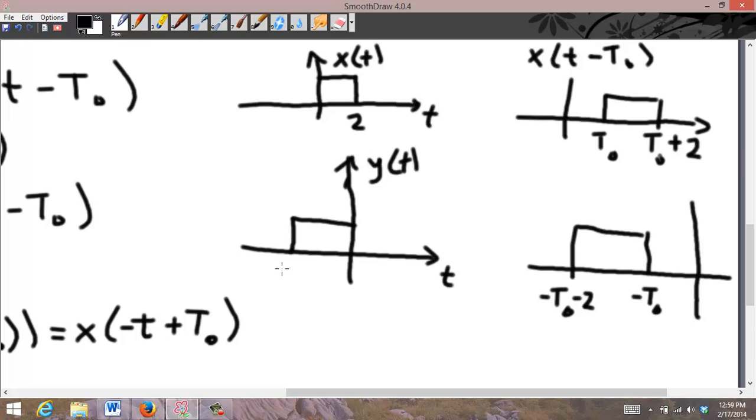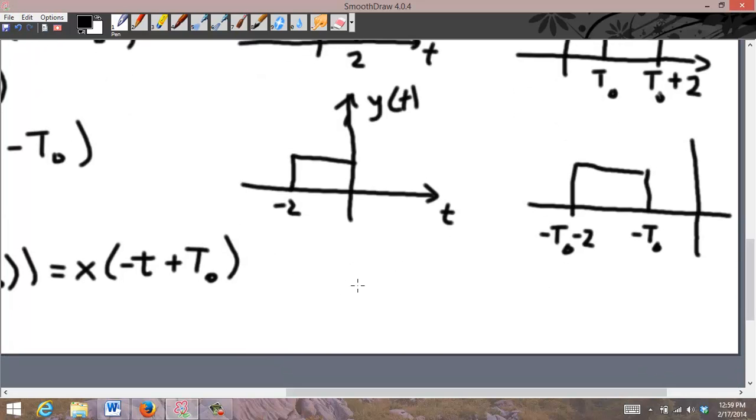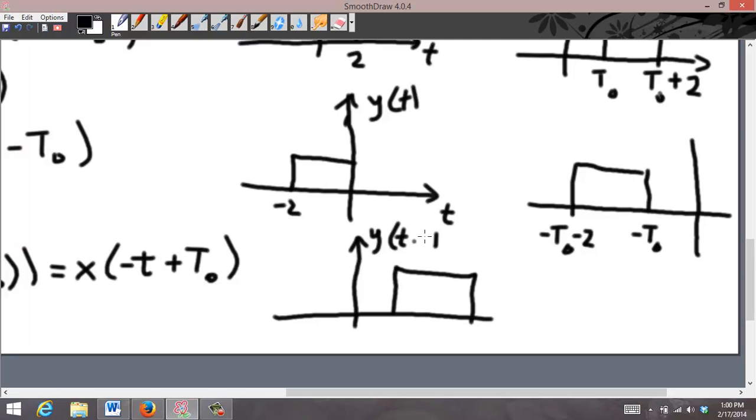Whereas if I delay this one, y of t minus t naught will be negative 2 plus t naught. 2, 0 would be just positive t naught. And these are clearly not the same.